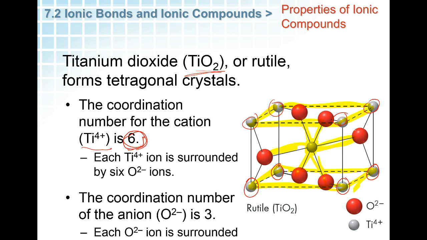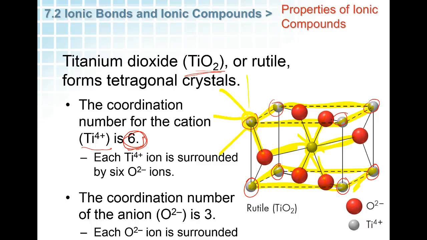And if instead of looking at this particular titanium, I looked at this one and drew the rest of the diagram out over here, it too would be connected to 6 oxygens. This is the first one, and you don't see any of the others.